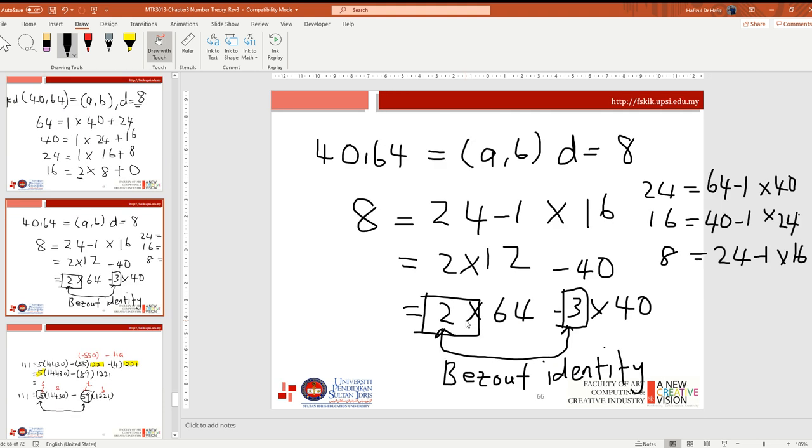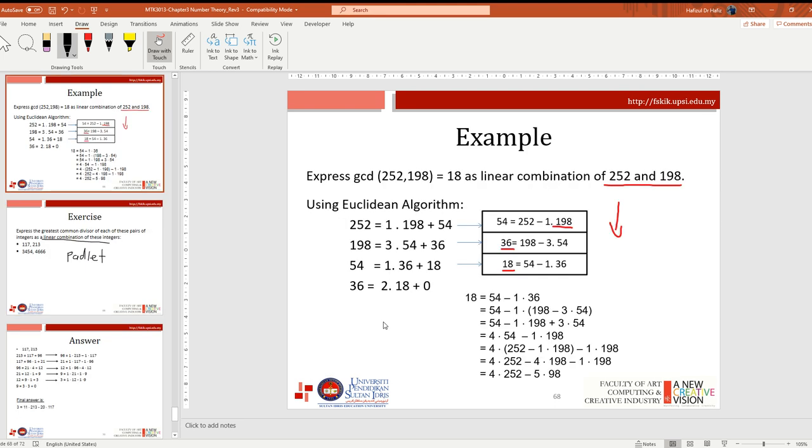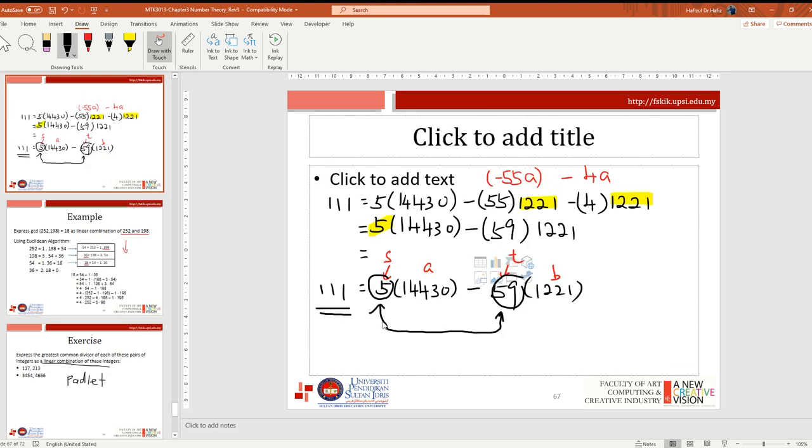Yang ni diganti terus, dia buat pergantian terus for A, and then we got 5 and 59 is the result identity lah. 111. Okay. And then this one result identity saya rasa tak masuk dalam final lah. This one untuk kamu punya ni lah, sebab dia kira coefficient untuk apa? Untuk nombor GCD tu.